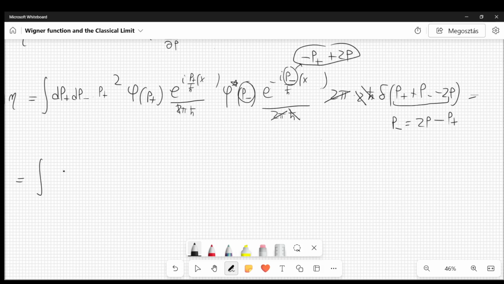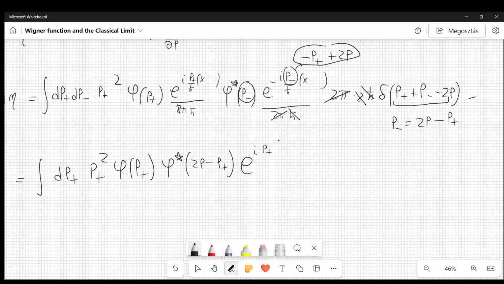So we are left with the integral over dp plus, p plus squared, phi of p plus, phi star of 2p minus p plus, and then we have e to the I, we have p plus, and then we also have minus, with this minus becoming a plus.